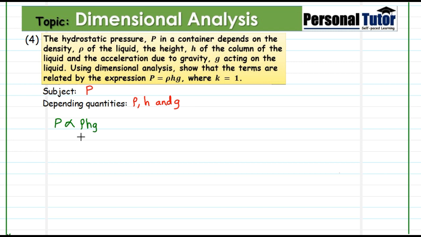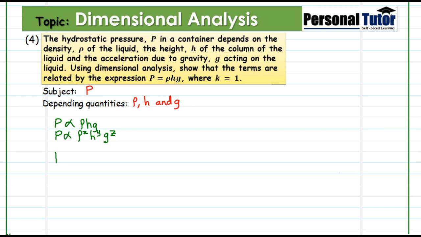The next is you raise the dependent quantity to some power. That will be P, then I'll still use S, Y, and Z. So rho to the power S, h to the power Y, then g to the power Z. We form solvable equation by replacing this with equal sign and a constant.